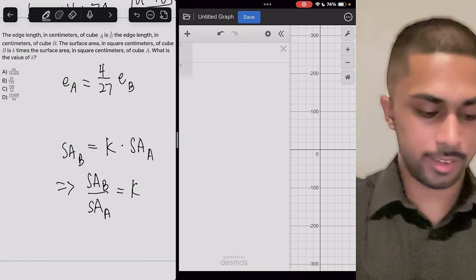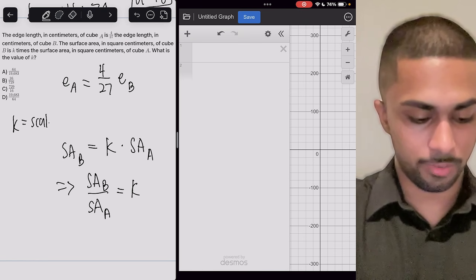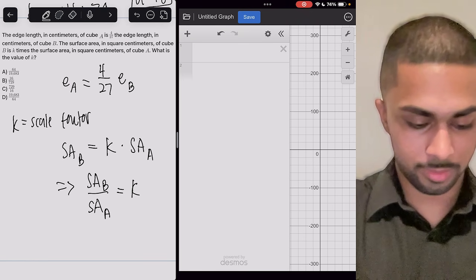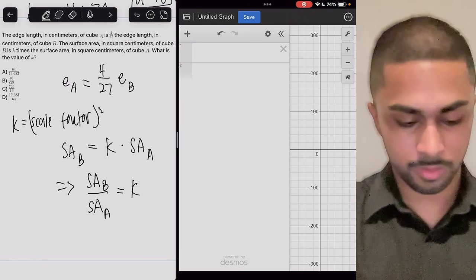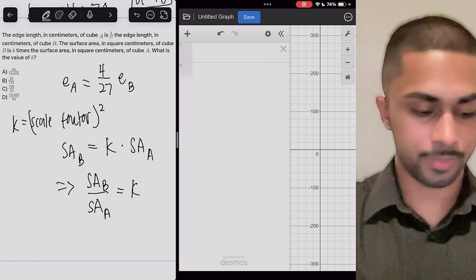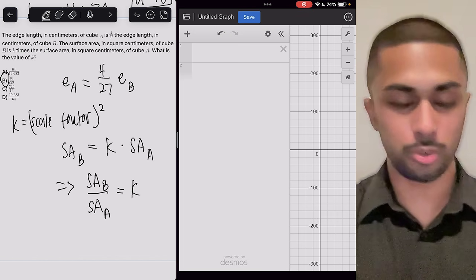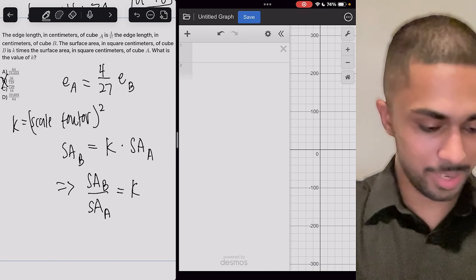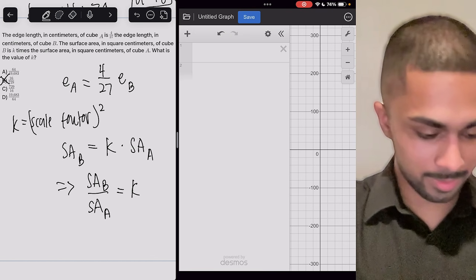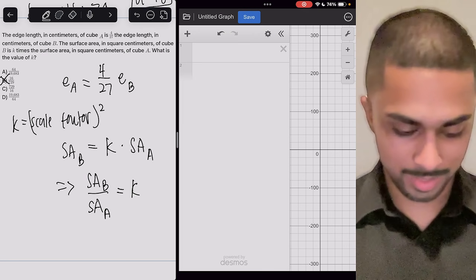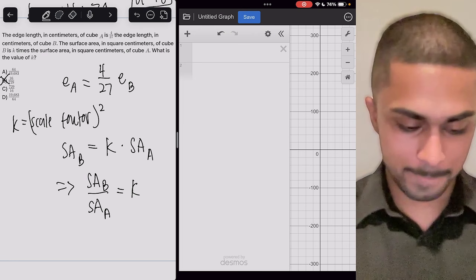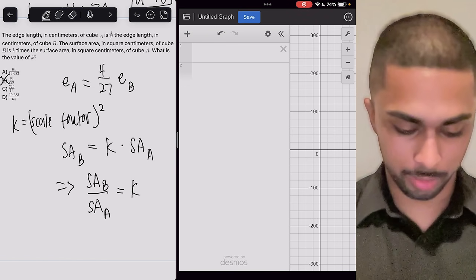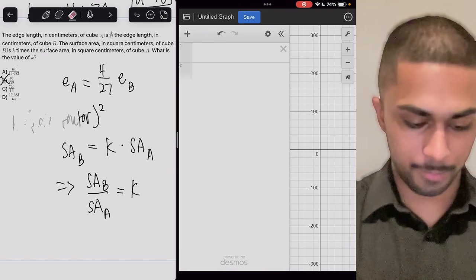So K is equal to the scale factor squared. Now, if you already got the answer and you answered B, you would be wrong. Just letting you know. B is not the correct answer. There we go. Sorry to crush your hopes and dreams. Okay.